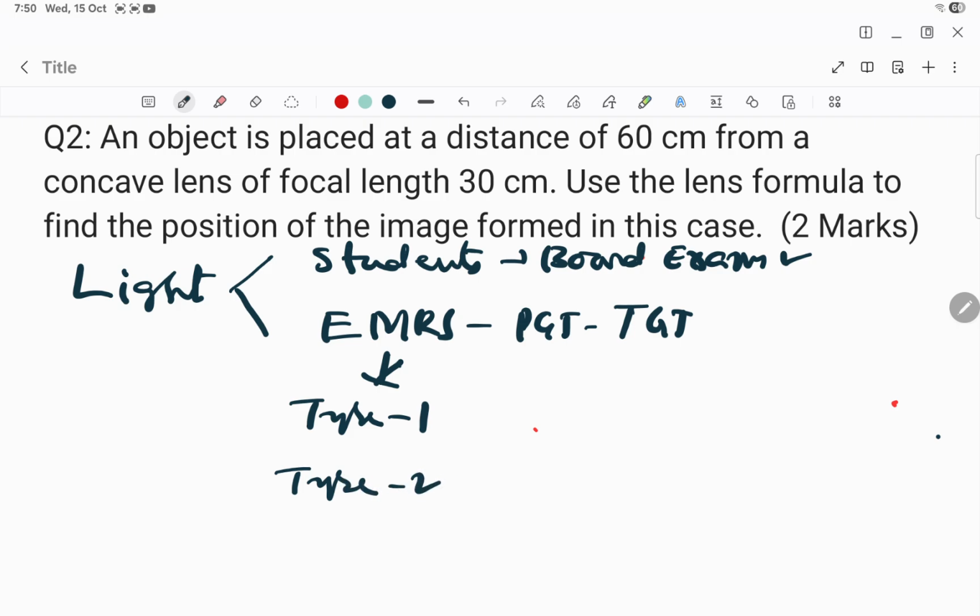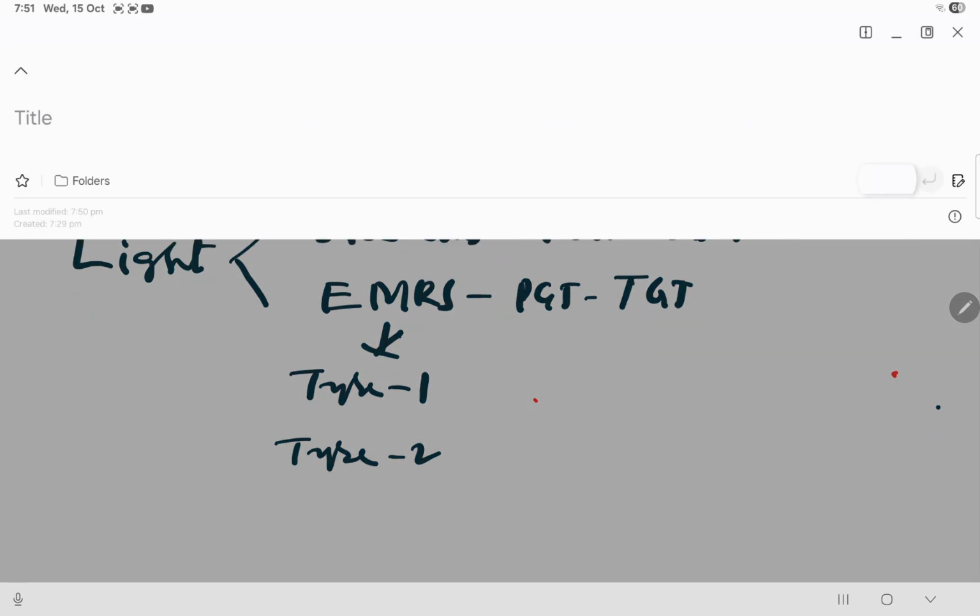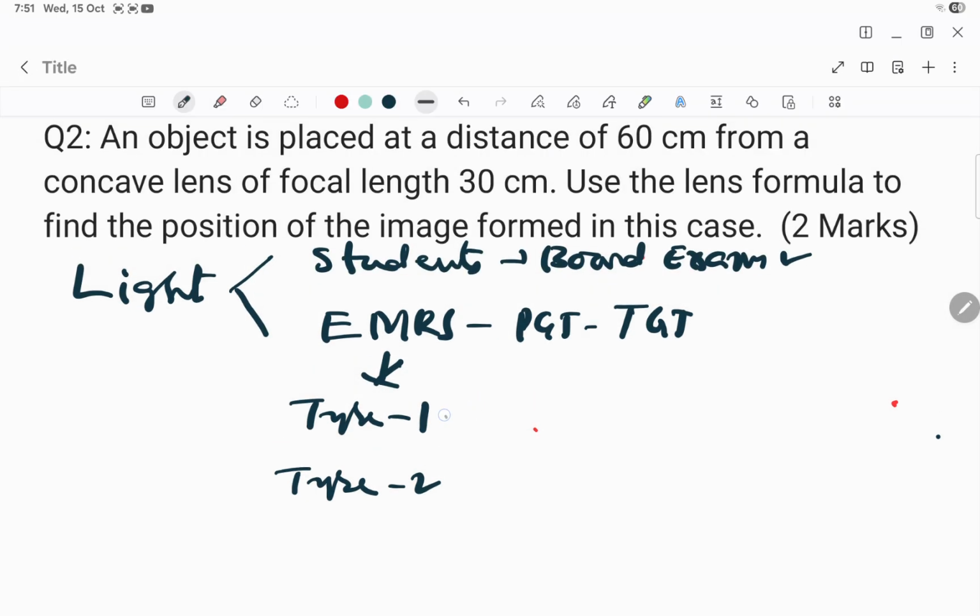Tier 1 is completely MCQ for 100 marks, but tier 2 has MCQ as well as description.